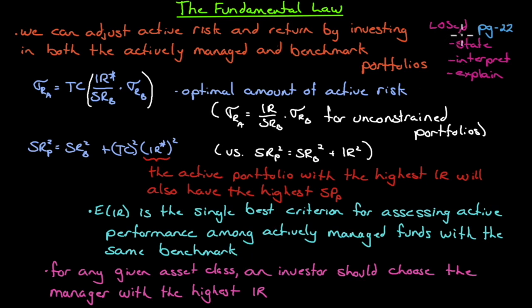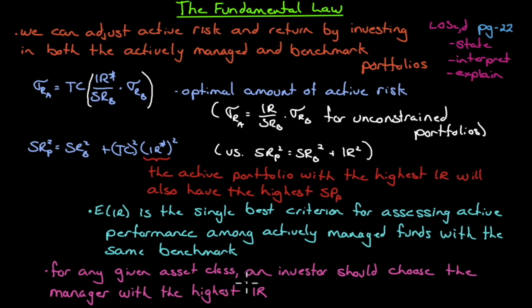So I'm combining LOSD in here now as well, which wants us to explain how the information ratio may be used in selecting and evaluating a manager. Well, that's exactly what we would do: evaluate their ability to generate active return by the size of their information ratio. For any given asset class, an investor should choose the manager with the highest information ratio.